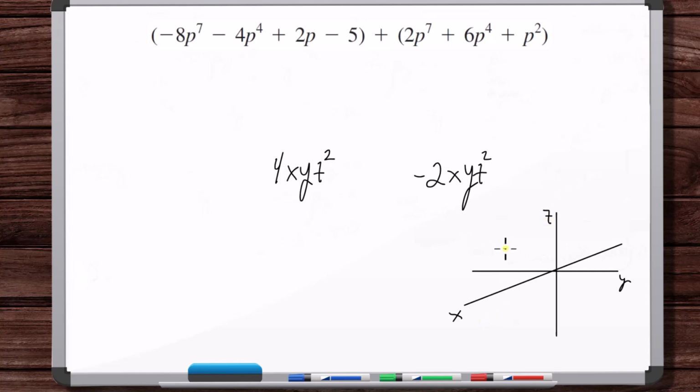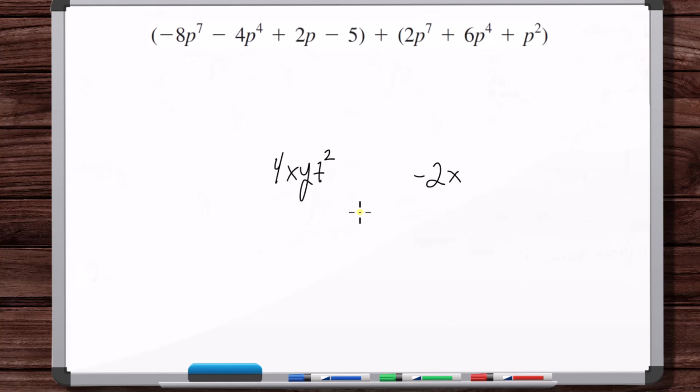We could pick any x, y, z trio in this entire 3D space, plug it in here, and ignoring the coefficients, you're going to get the exact same number every time. That means they're like. And if they were different in any way, shape, or form, there would be cases where you can plug in an x, y, z trio and they're not the same number. That means they're not like. And it's the same idea with radicals, if you're trying to see if you have like radicals.